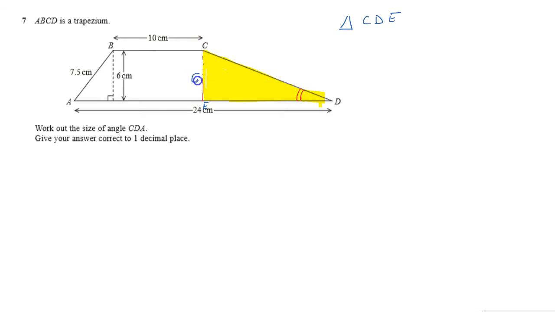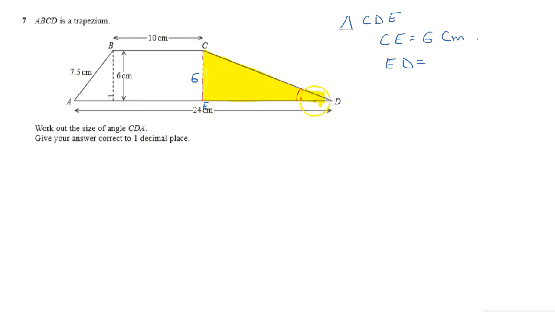This is 6 centimeters. CE is equal to 6 centimeters. We don't know this ED. If we know ED, then we'll know CD also.